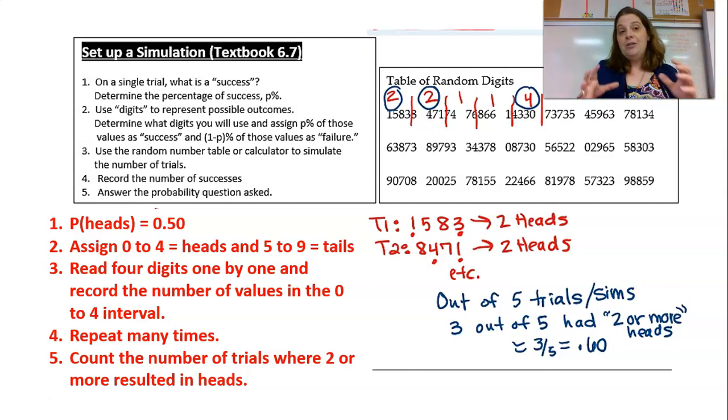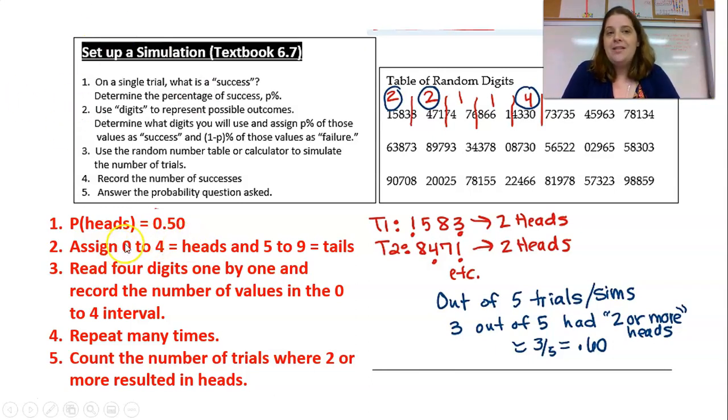The next thing you want to do is take your digits. From 0 to 9, there are 10 digits, 1 through 9, and then the 0. That gives you 10 digits. And you want to assign 50% of those outcomes to be your winner. So since heads has a 50% chance of happening, we'll say 0, 1, 2, 3, and 4. 50% of the outcomes are going to say heads, and the other 50% are going to say tails.